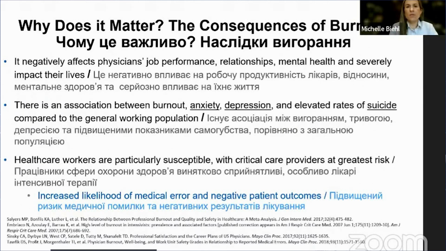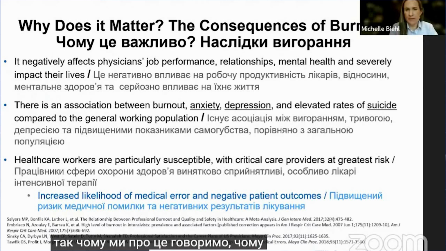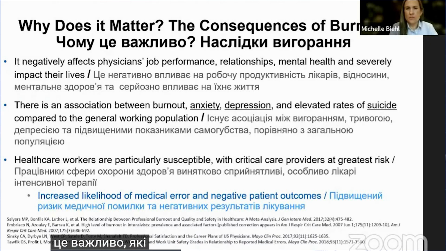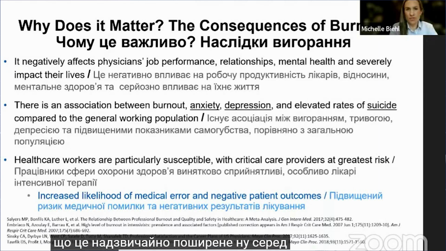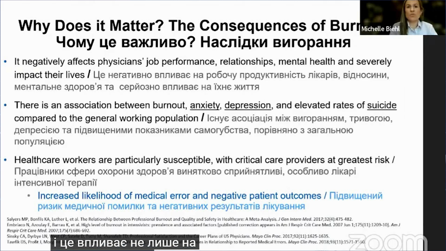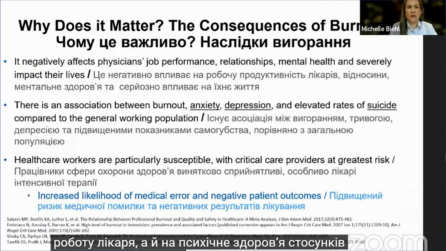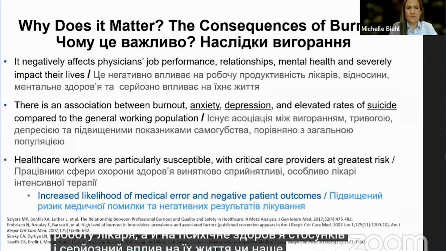So why are we talking about this? Why does it matter? What are the consequences of burnout? It is extremely common among healthcare professionals, as already mentioned, affecting more than 50% of physicians in several studies. It affects not only a physician's job, but also relationships and mental health, and severely impacts their lives, or our lives.